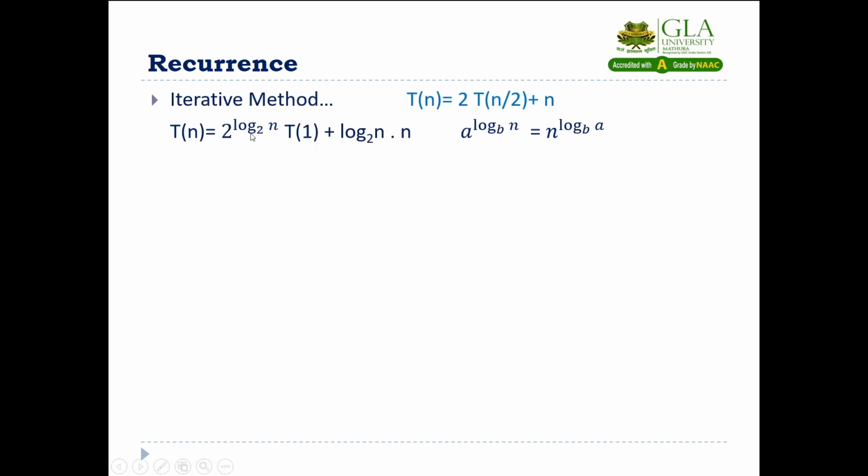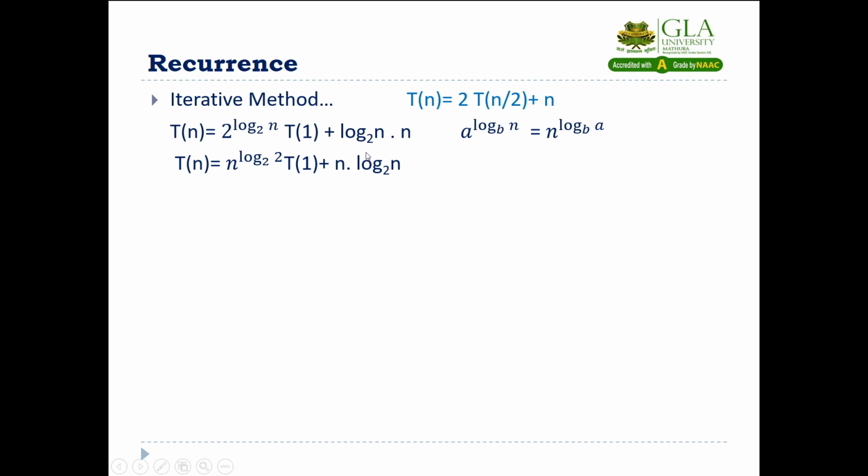What will be the solution of this one? As you know, a to power log b n equal to n to power log b a. This n can be replaced with this a. You can exchange. So I have exchanged here. Here n will come here and 2 will go there. So log 2 to the base and value are same, it will be 1.